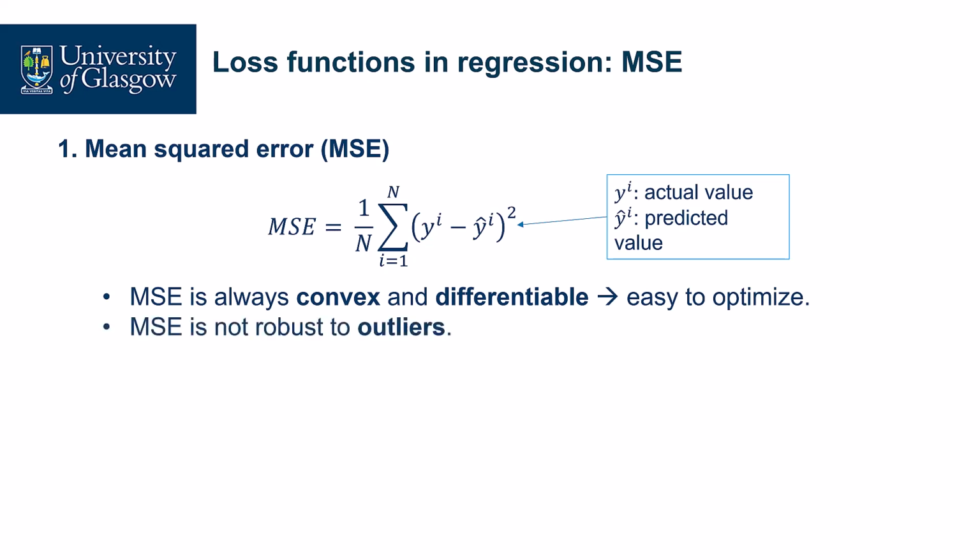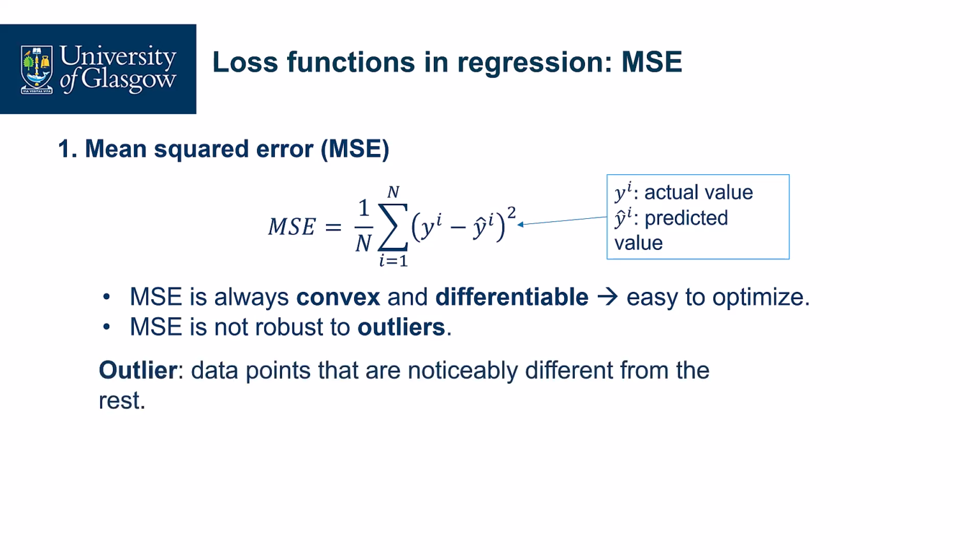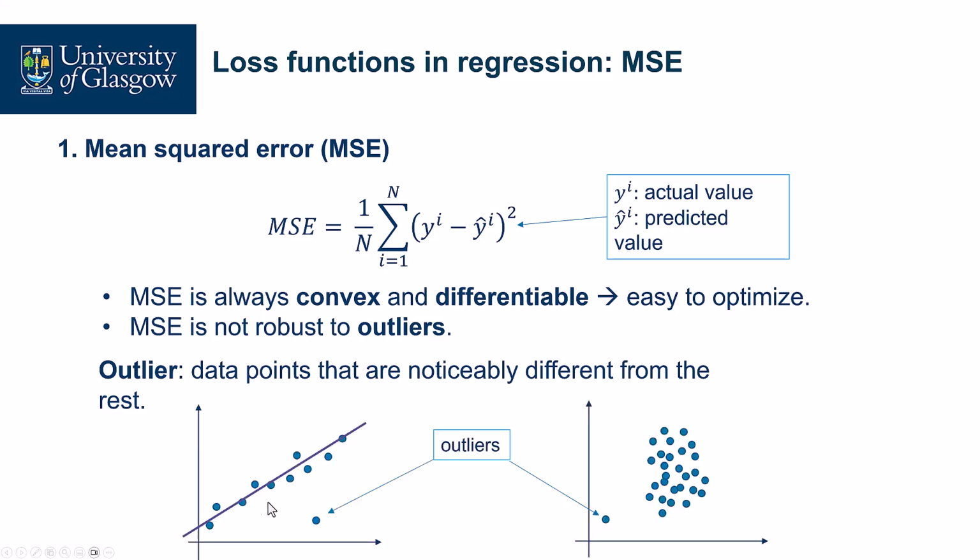And MSE is not robust to outliers. This is its drawback. So what are outliers? Outliers are data points that are noticeably different from the other data. Let's look at these two figures. These are the data, and there's a point here. For these data, roughly they follow a linear relation in this direction, but this one is too far away, right?